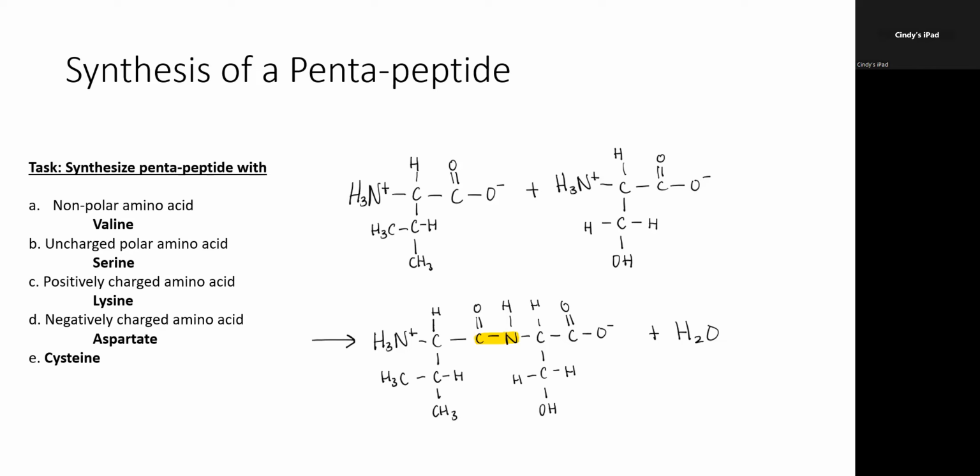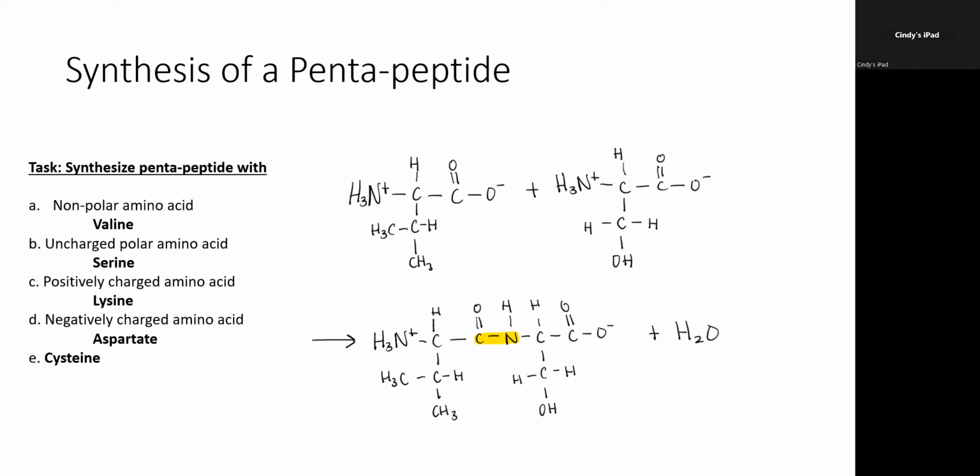So the amino acids that I used are valine for the nonpolar amino acid, serine for the uncharged polar, lysine for the positively charged, aspartate for the negatively charged, and then cysteine, just because it was on there that I had to use as well.